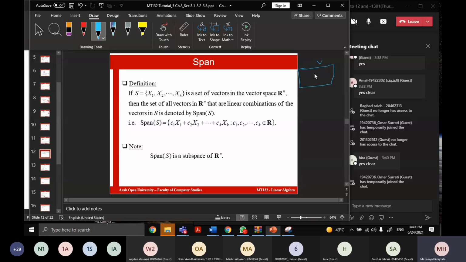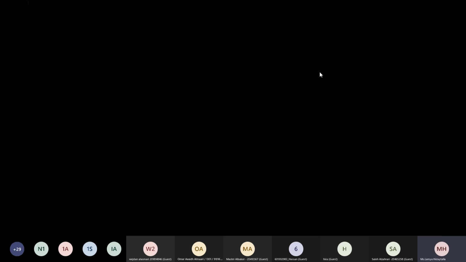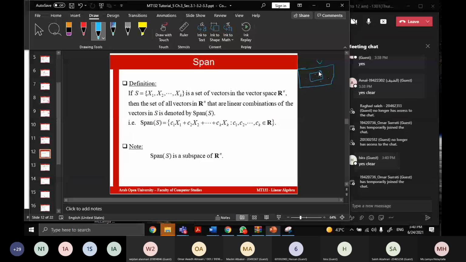Take a group, meaning you have many vectors here, correct? This is a vector, this is a vector, and so on. Take some of these vectors, and then with these vectors generate a space by doing linear combinations of them.